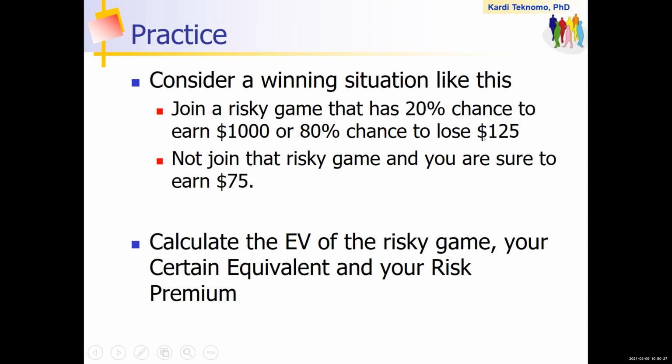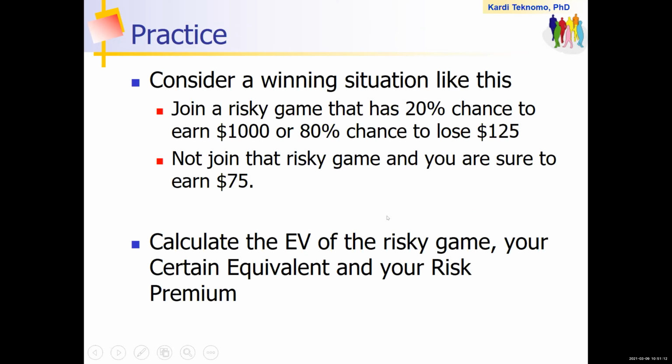Now, consider for your practice a situation like this. If you join a risky game, it has a 20% chance that you will earn 1,000, or an 80% chance you will lose 125. But if you do not join that game, you are sure that you will earn 75. First you compute the EV, and then you compute the CE, certain equivalent, and your risk premium. Remember this is the problem.